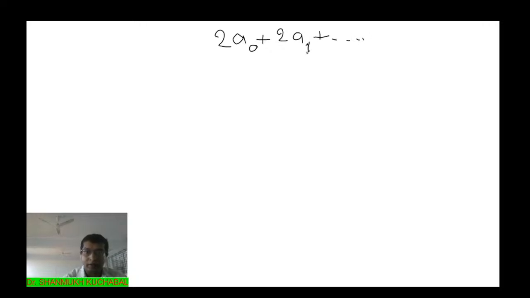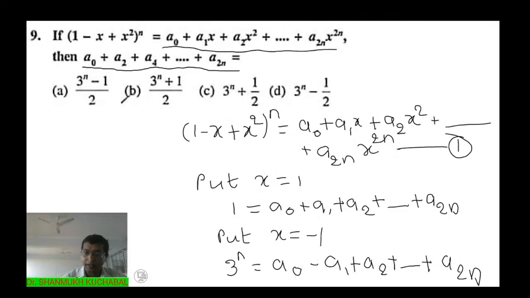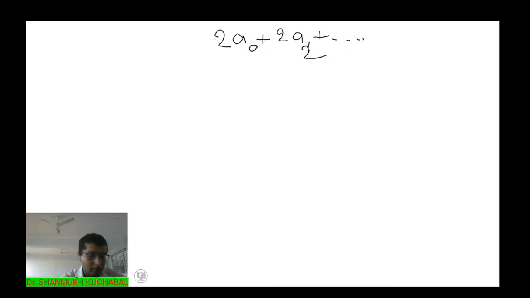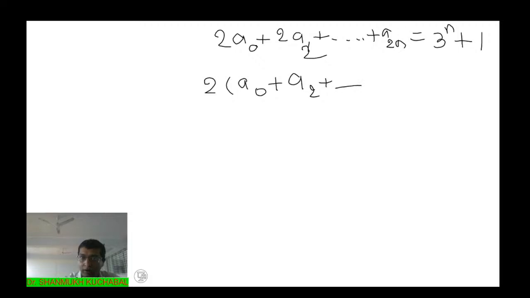We get only even terms. Up to 2a2n equal to 3^n + 1. Now we have to take a 2 common outside. We get a0 + a2 + ... + a2n, 2 times this equal to 3^n + 1.